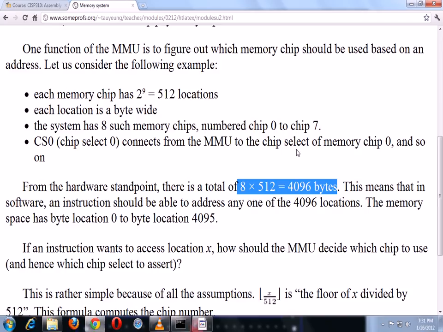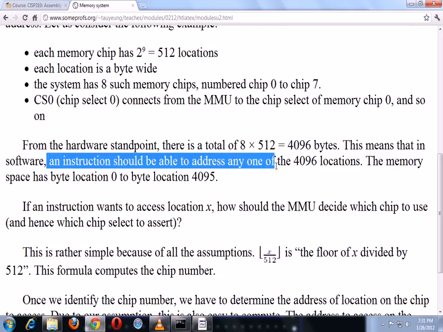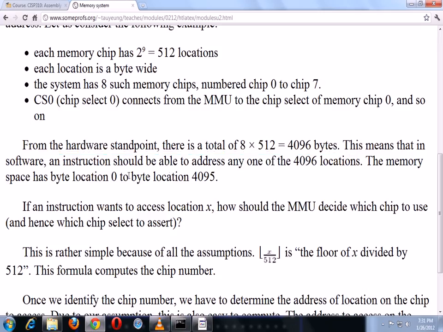From the software perspective, that's exactly how much RAM you can play with in software. Okay? That means an instruction should be able to address any one of the 4,096 locations. The memory space is from byte location 0 to location 4,095.